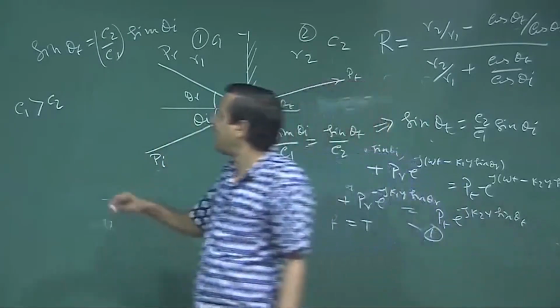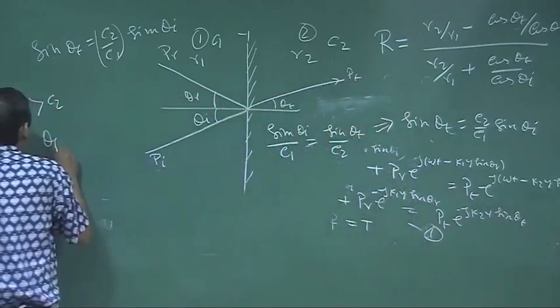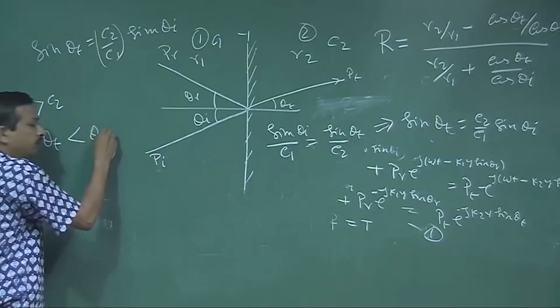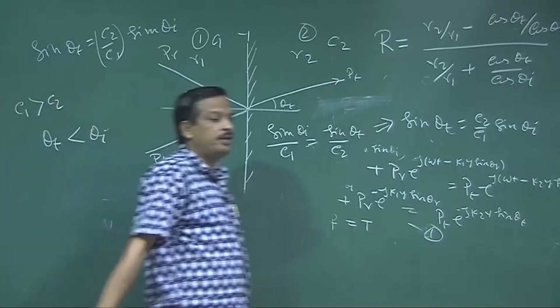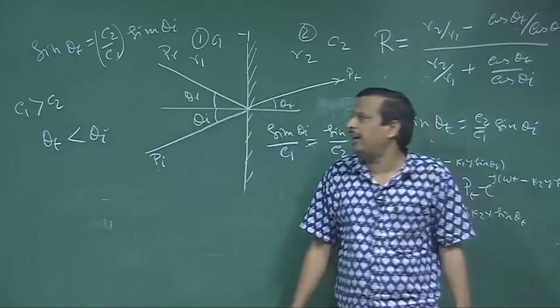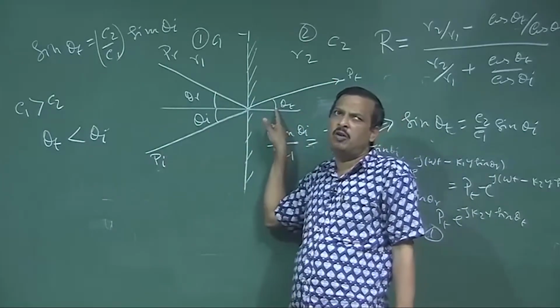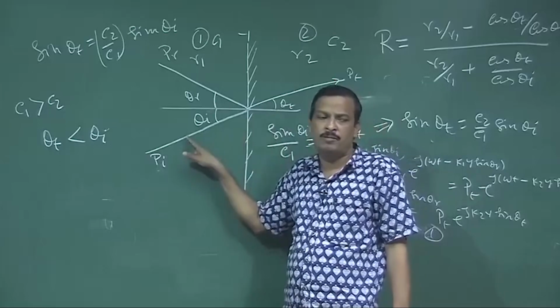So in that case theta t will always be smaller than theta I. The angle of transmission always will be lower than the angle of incidence.